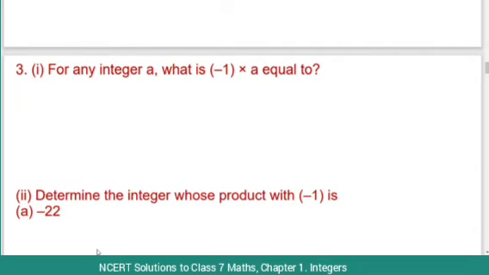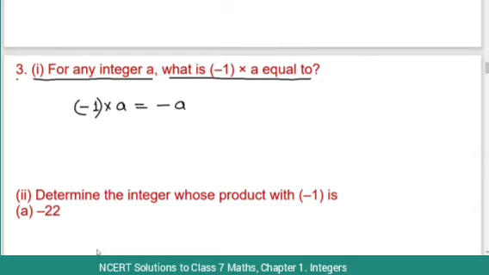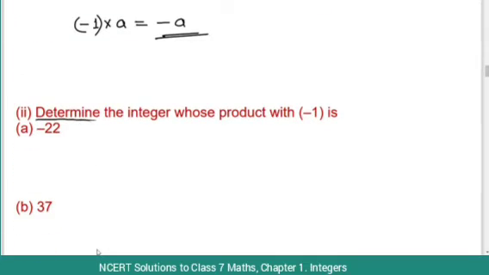Third question. For any integer a, what is minus a into a equal to? Minus 1 into a is equal to minus a. Second one, determine the integer whose product with minus 1 is.